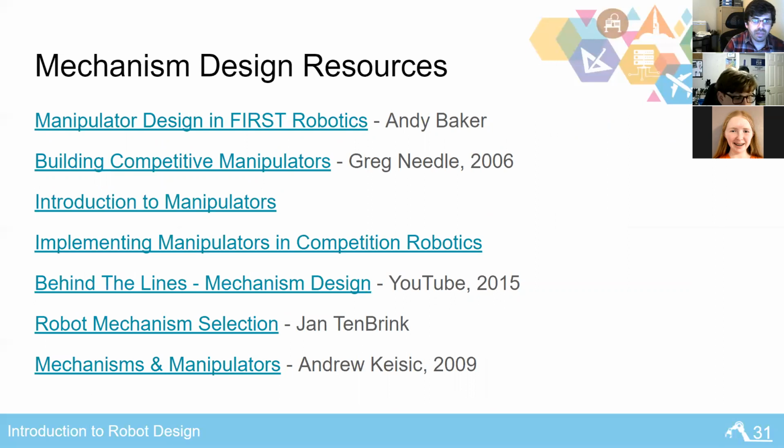There are some pretty good mechanism design presentations. They typically are just showing you all the different classes of mechanisms. So different types of elevators, lifters, roller intakes, arms, telescoping mechanisms.